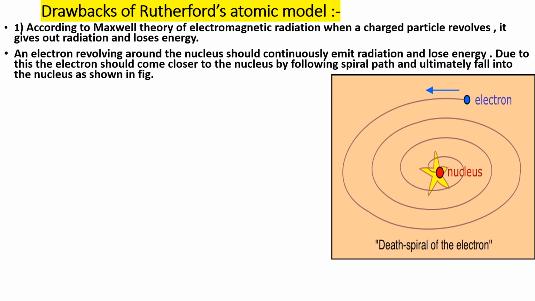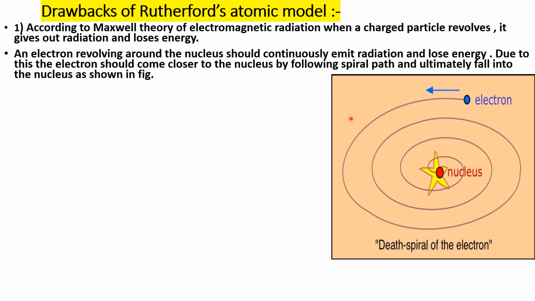An electron revolving around the nucleus should continuously emit radiation and lose energy. Due to this, the electron should come closer to the nucleus by following a spiral path and ultimately fall into the nucleus, as shown in the figure.